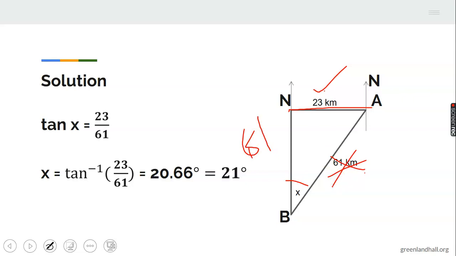This is 61 kilometers, sorry, so this is the opposite, and this is 61. So tan x is 23 over 61. So getting x, it will be tan inverse of 23 over 61. And that will be 20.66 degrees, approximately 21, to be the bearing. So this angle is 21 degrees.